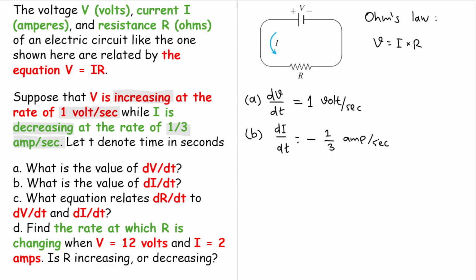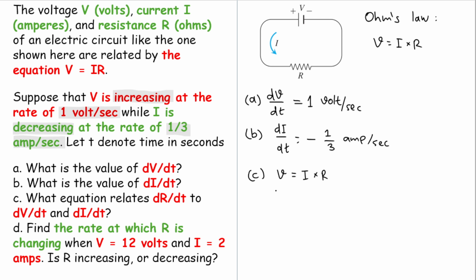What equation relates dR/dt to dV/dt and dI/dt? Let's see here. We have Ohm's law, V is equal to I times R, and all of them are functions of time.